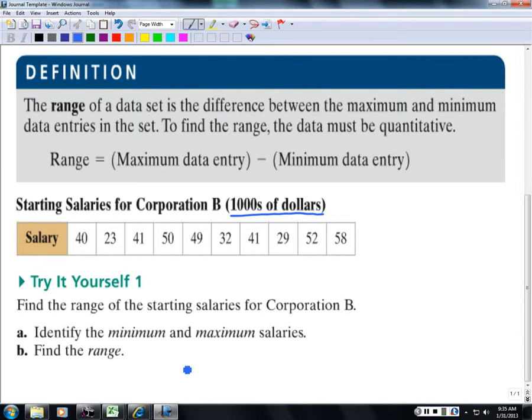Okay? So let's go ahead and identify the minimum value, which in this case is 23. That's our minimum. And then we're going to identify the maximum value, which is 58.